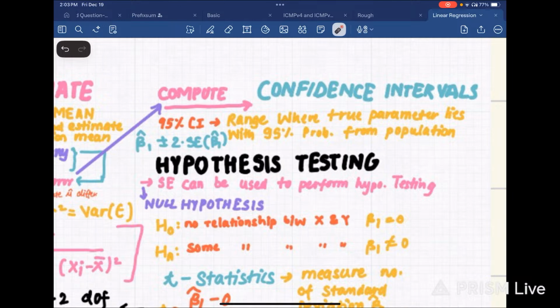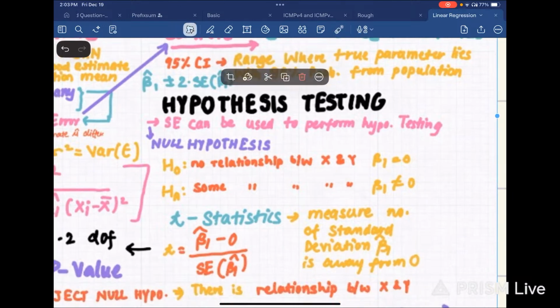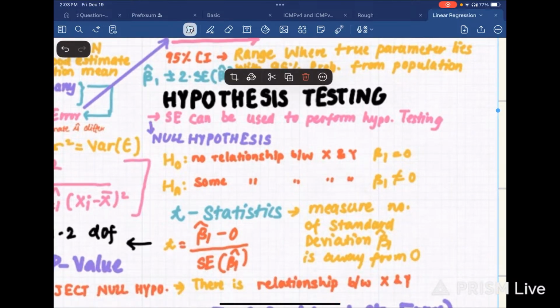After this we will use hypothesis testing. The standard error can be used to perform hypothesis testing. We use the null hypothesis for that. The null hypothesis H naught says there is no relationship between x and y, and the alternative hypothesis H a says there is some relation between x and y.